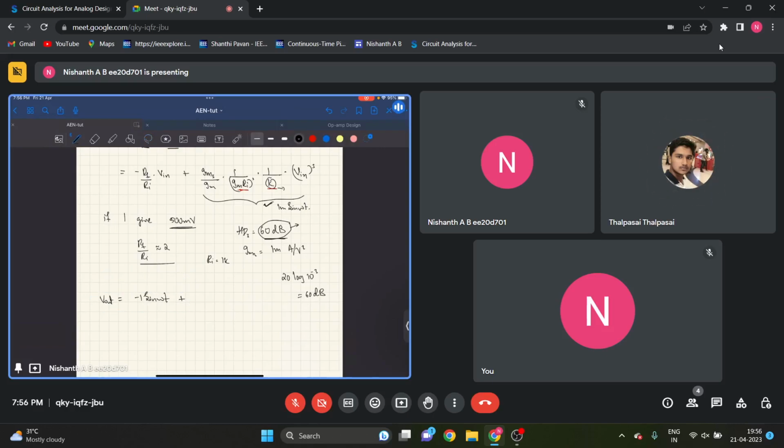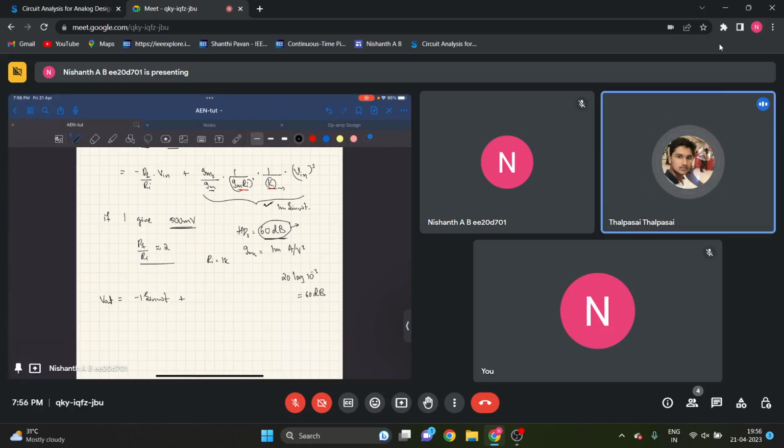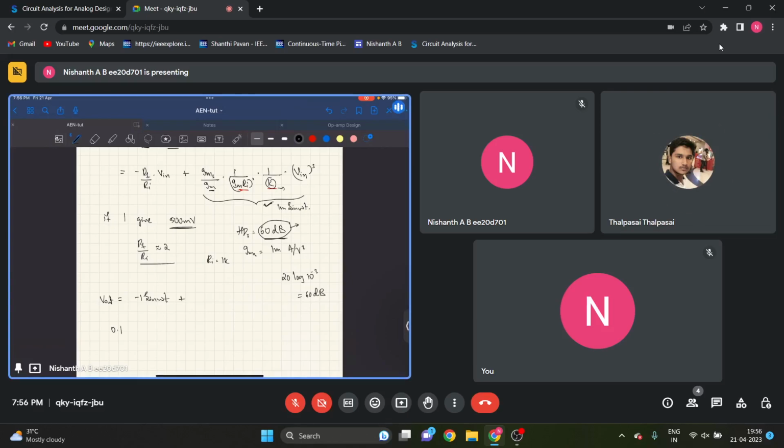Now I want the GM value. So 0.1 sine omega t. 1 milli into sine cube omega t equals GM3, which I know, right? It's 1 milli by GM into 1 by GM Ri, where Ri is known, whole cube, into 1 by 3 into 0.5 sine omega t, whole cube.